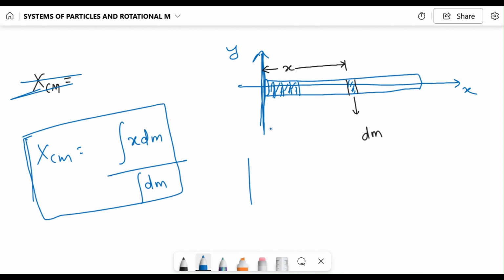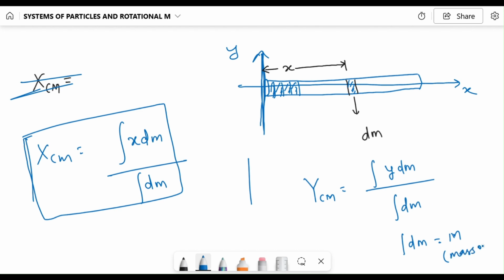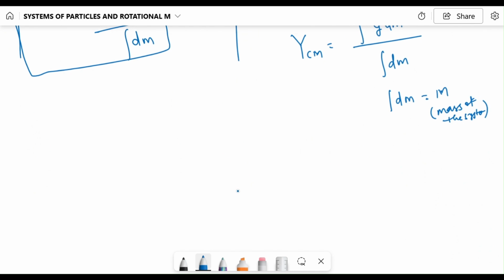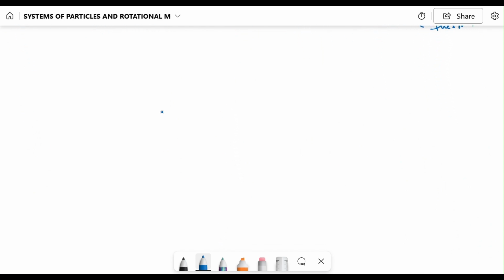What if the mass distribution is in a plane, that is, in two dimensions? The same argument we can extend for y center of mass. The only thing we need to do is multiply the elemental mass with the y coordinate. And once again, the integration of dm is nothing but the total mass of the system, here the mass of this thin rod. What about a three-dimensional body or mass distribution?